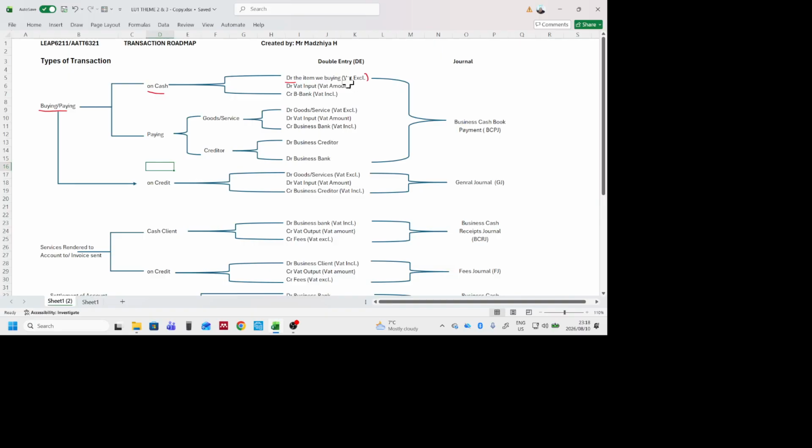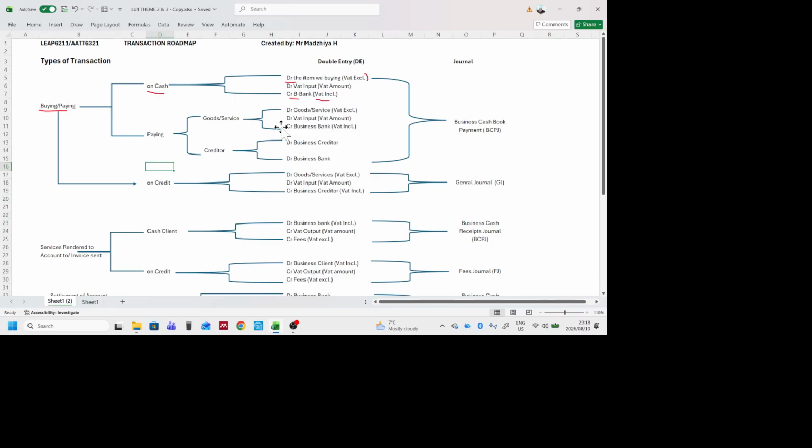Therefore, we record this product at a VAT exclusive amount. We debit the item that we are receiving, then we debit the VAT input, which indicates that this is the amount claimable, and then we credit business bank. The business bank will be credited at a VAT inclusive amount to indicate the total amount that the business has just incurred.